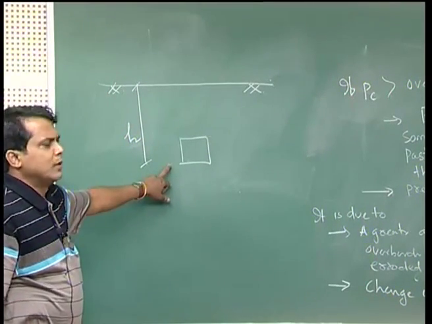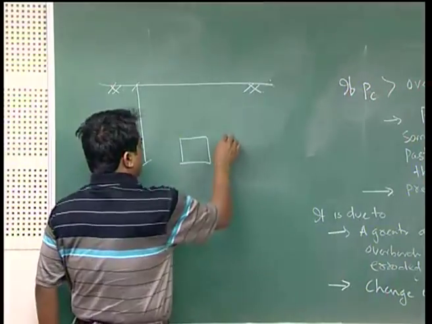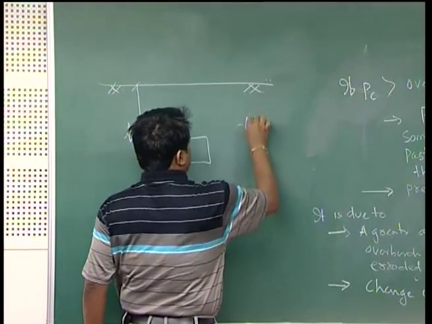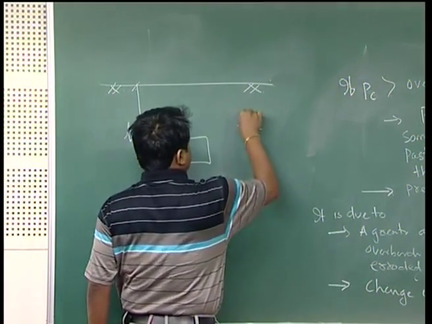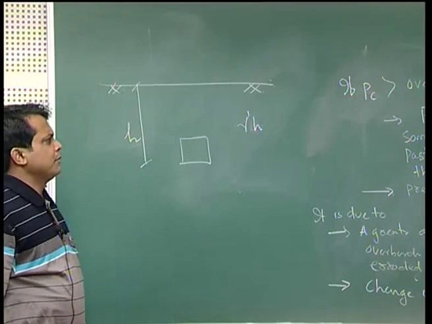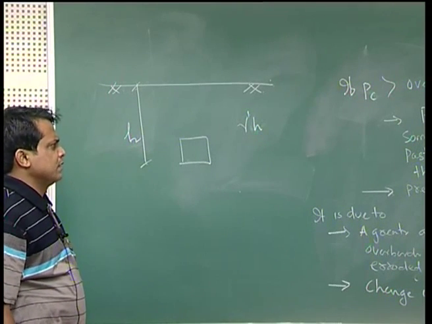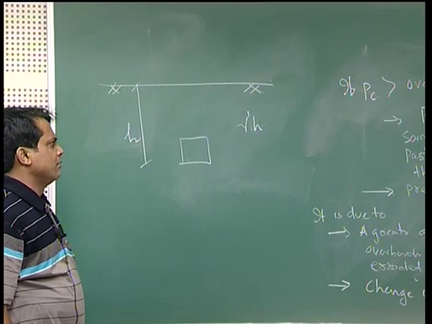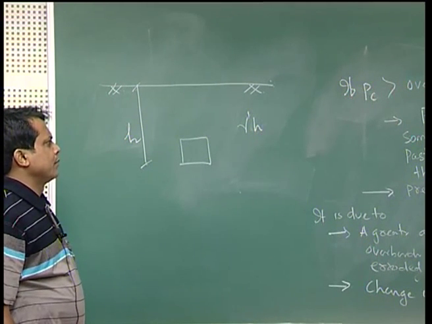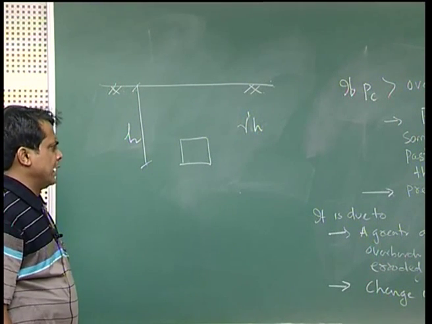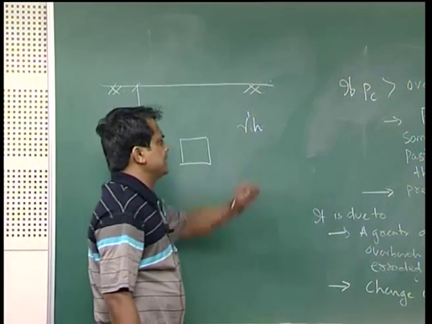With this h, what is your overburden pressure? Overburden pressure is your gamma prime h. So, in that case whatever pre-consolidation pressure we are getting from the consolidation curve, if it is greater than overburden pressure, what does it mean? Why is it greater than?